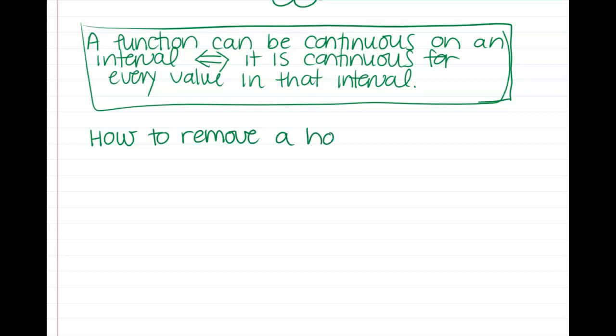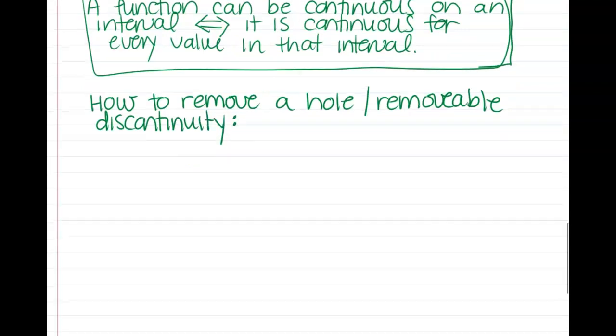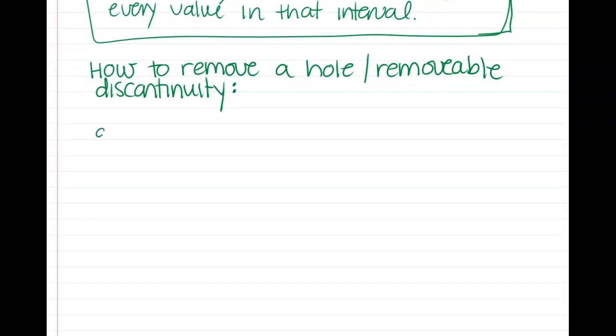a hole or removable discontinuity, or in terms of how can you write a function that accounts for that, because removing it, you basically just cancel it out, right? So let's say we have the function g of x equals x squared minus 9 over x minus 3.